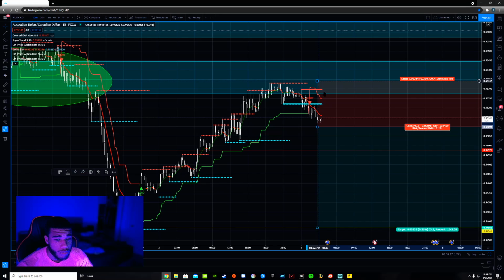In order to make this a more efficient trade, because we do see it starting to come up, instead of entering in right now, we're going to put a sell limit at 95100.